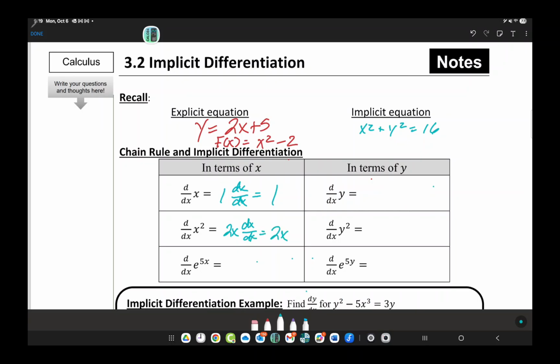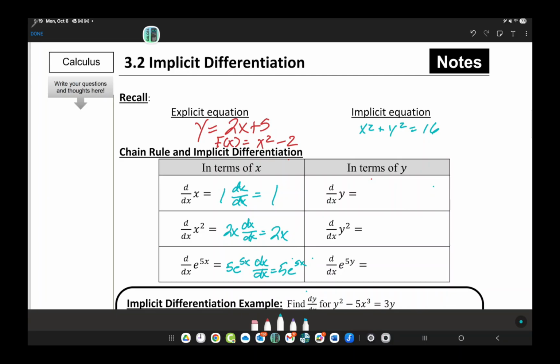The derivative of your exponential function would be 5e to the 5x, again times dx over dx, so just 5e to the 5x. We don't really include the dx over dx every time, because anything divided by itself is 1. So we don't have to worry about it. But when we're doing the derivative of a different variable, we have to include it.